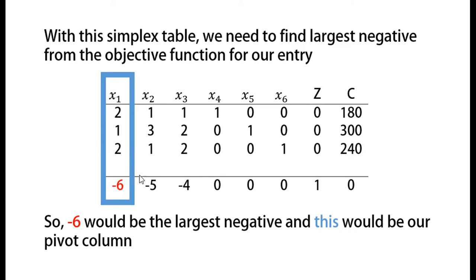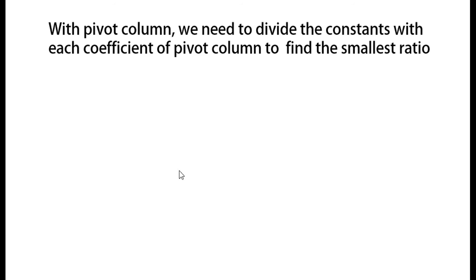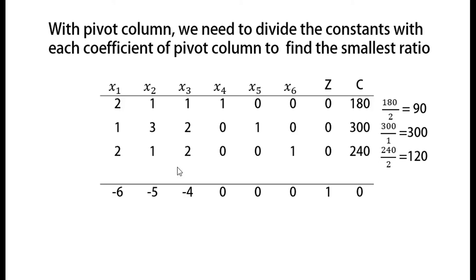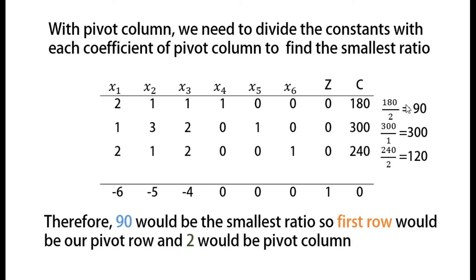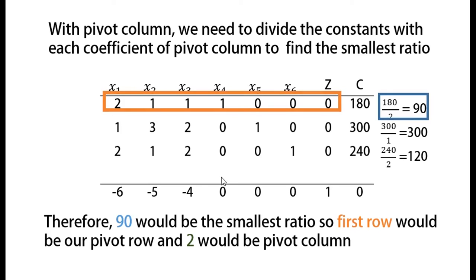With this pivot column, we can find the smallest ratio by dividing the constant of each row by the pivot column element. Since the 90 is our smallest, we have pivot row and pivot column.